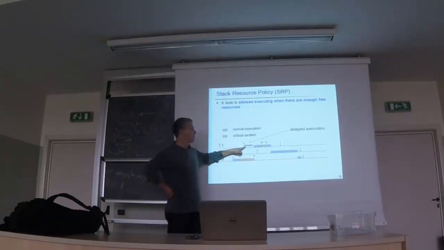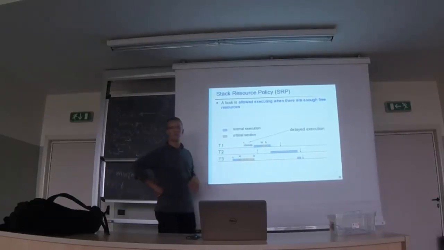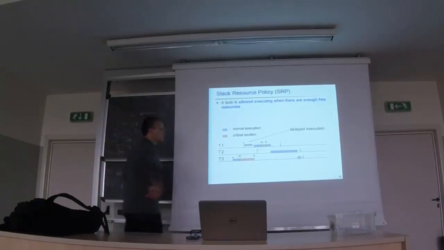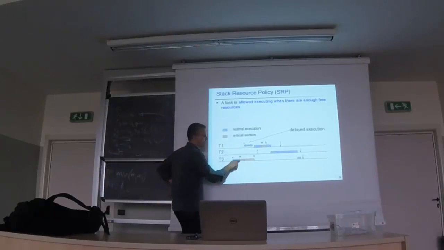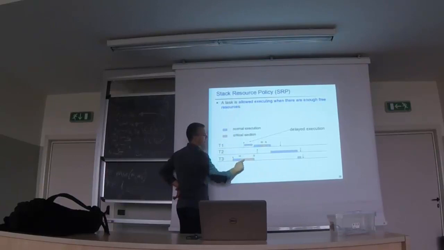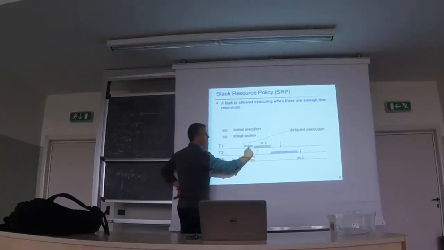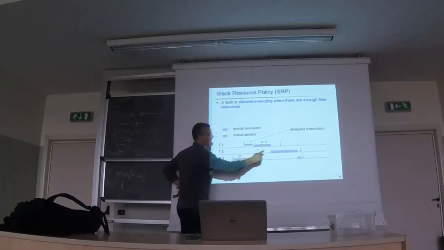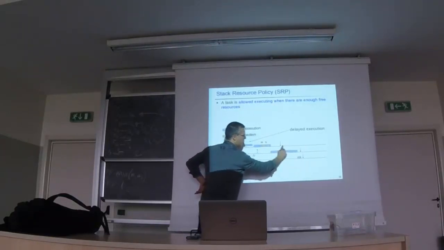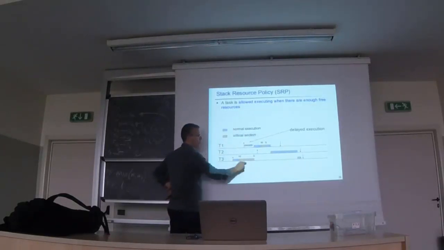This is essentially the very difference with the priority inheritance and priority ceiling protocols. With those, at this preemption request, this task would have seized the processor from this one. Here instead, we do not allow it to preempt, despite its deadline being earlier than mine.